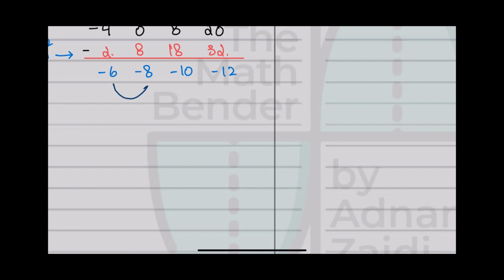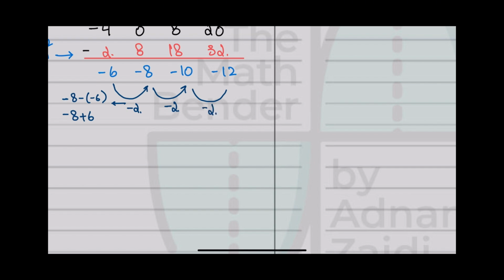Take their difference again. So -8 minus -6 is -8 plus 6, and hence this pattern has a difference of -2. It's going to be a decreasing pattern of -2.